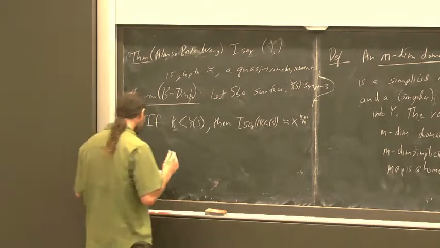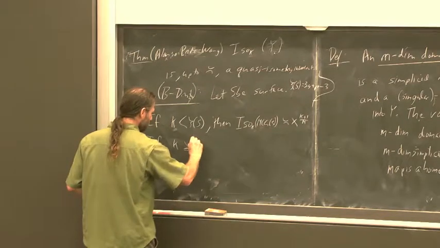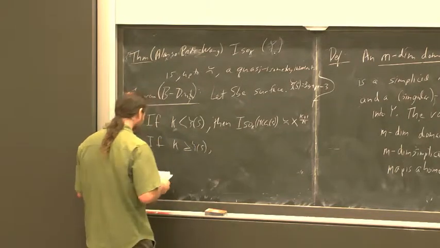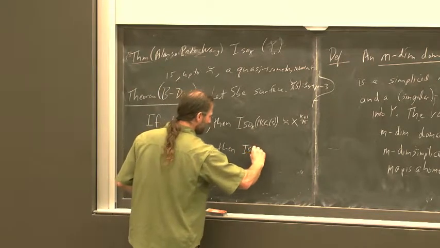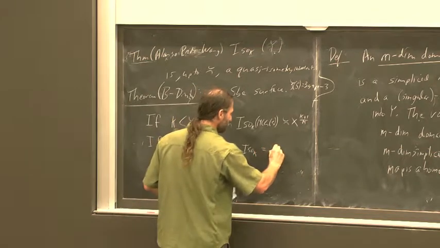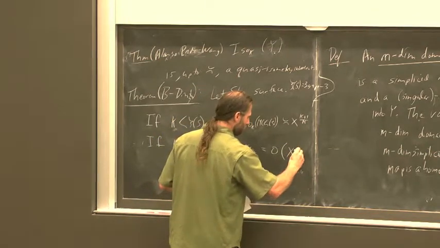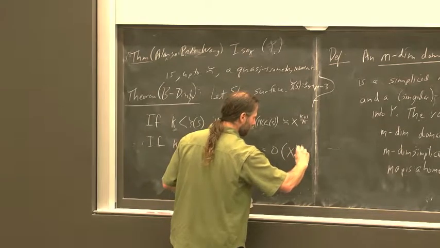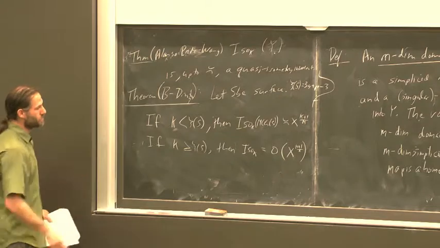And if k is bigger than or equal to the complexity, then the kth isoperimetric function, iso sub k, is little o of x to the (k plus 1) over k. It's sub-Euclidean, so it goes slower than this Euclidean function.